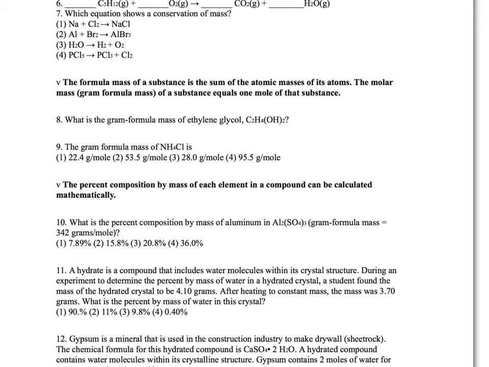Question number 7 asks, which equation has a conservation of mass? Now, a conservation of mass basically means we have the same atoms on both sides of the equation, or the equation is balanced. Now, when we look in the first example, we have one sodium on the reactant side and one sodium on the product side.